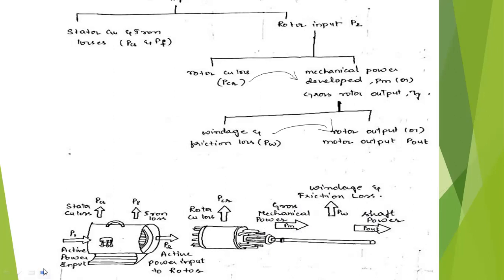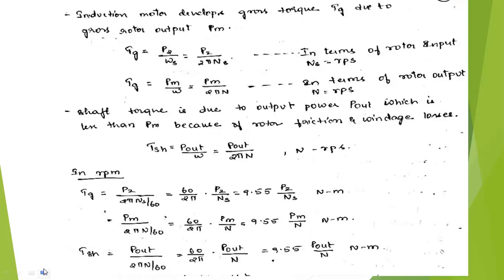Next, how much torque does the induction motor develop? See here, through formulas. The induction motor develops gross torque TG due to the gross rotor output PM. So gross torque is equal to P2 by WS. When the input is P2, the speed is 2 pi NS.